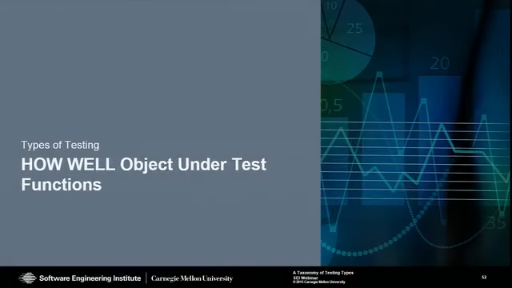Random testing. Okay, this is the last section that I'm going to be covering over the last 8 minutes or so. Here, I'm not talking so much about the test per se, but I'm talking about the object under test and how well the object under test has to perform. So what I'm really talking about here is quality.